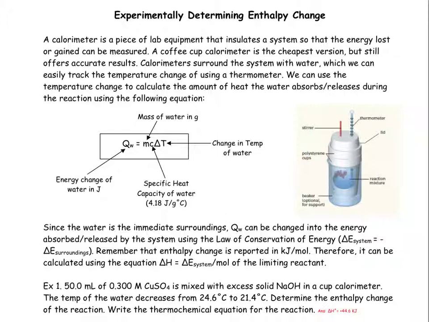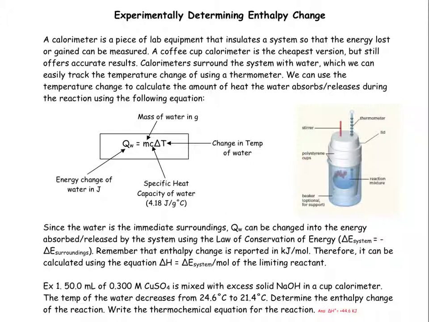The specific heat capacity of water is a constant. It equals 4.18. That tells us that 4.18 joules are required to raise 1 gram of water by 1 degree Celsius. And then the delta T stands for the change in temperature of the water.